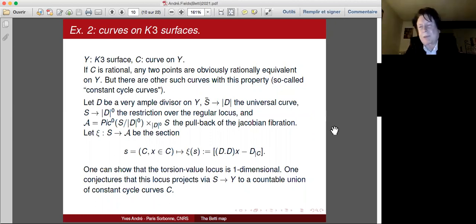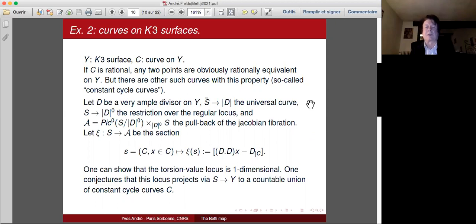To describe them, we can consider a very ample divisor on the K3 surface, let's say D, and the universal curve on this linear system.